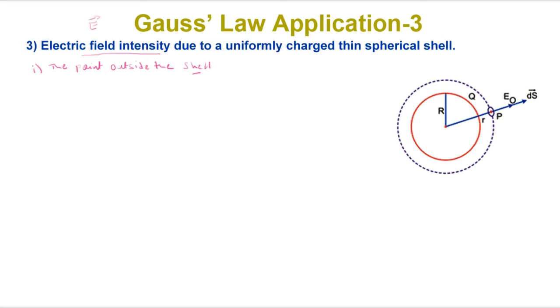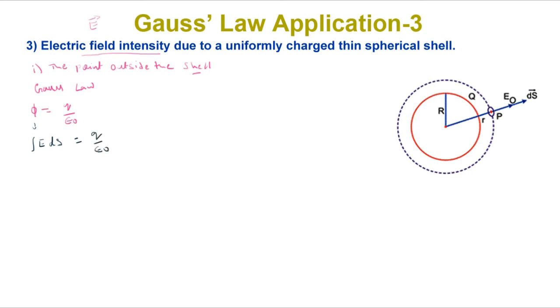Again I will apply the Gauss law. According to Gauss law, you know very well, the outward flux is equal to Q divided by epsilon naught. Clear? The total flux which is moving through a closed area is the integration of E into ds, which is equal to Q by epsilon naught.